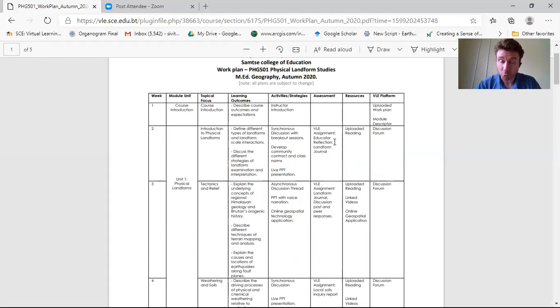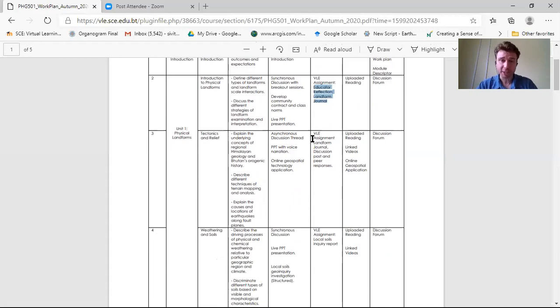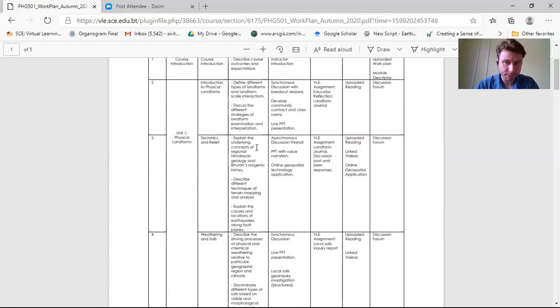What you did today with your landform journal, you're going to keep working on throughout the week, and that will serve as your assessment. We'll talk about that in the future. I'm not going to go through each week right now, but we're in the middle of this introduction to physical landforms, and we're going to finish up with this.